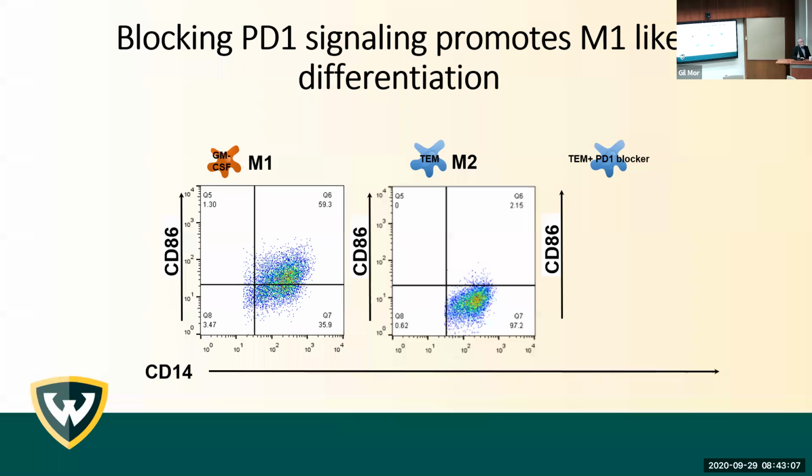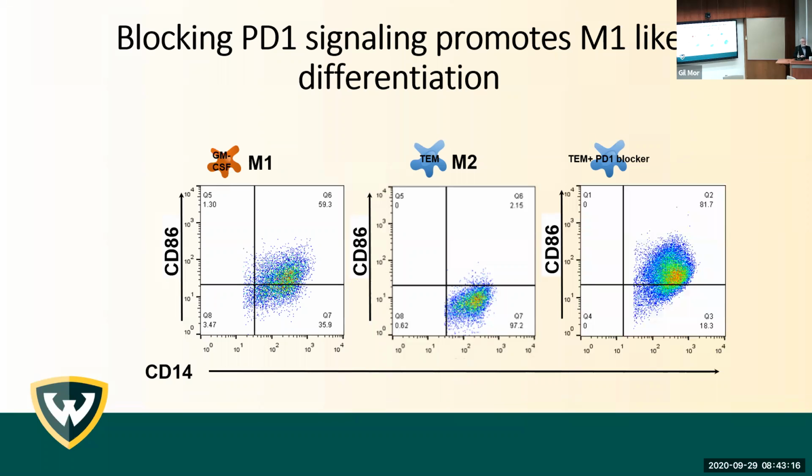Now, if we have the same condition, but in the presence of a PD-1 blocker, we look at what type of differentiation occurs, and we found that they became CD86 positive. So although there were many other factors present in this conditioned media, by blocking PD-1, they maintain the CD86 expression, which is a characteristic of M1 macrophages.